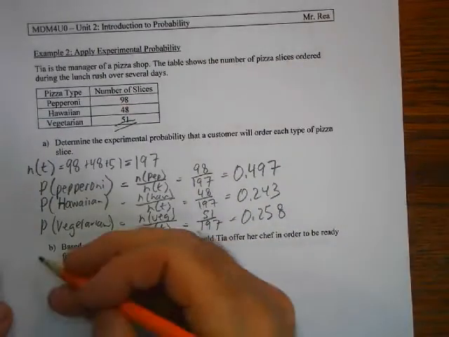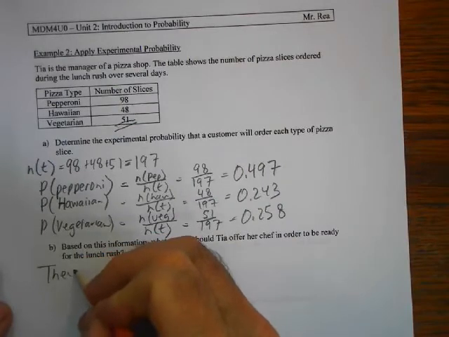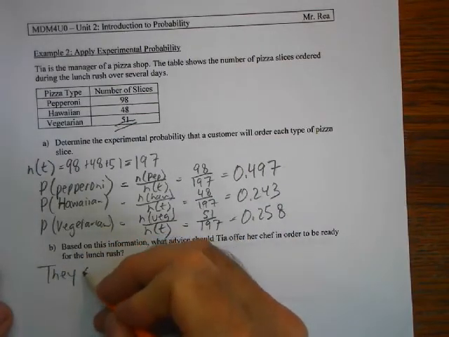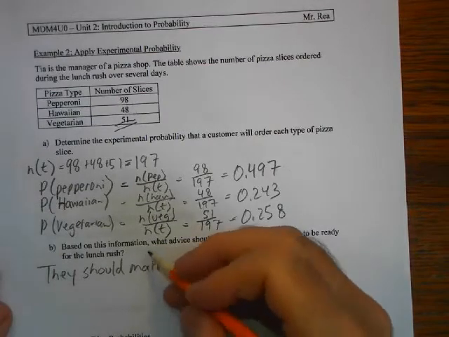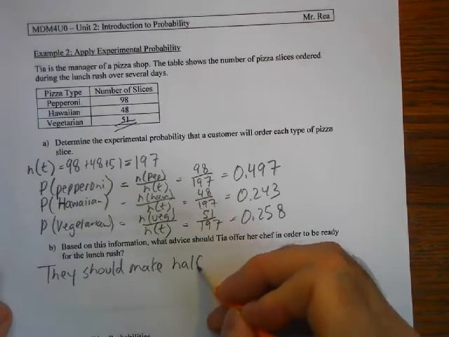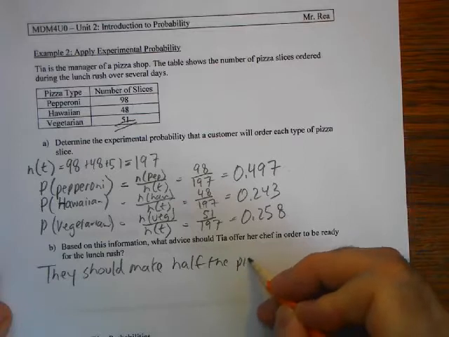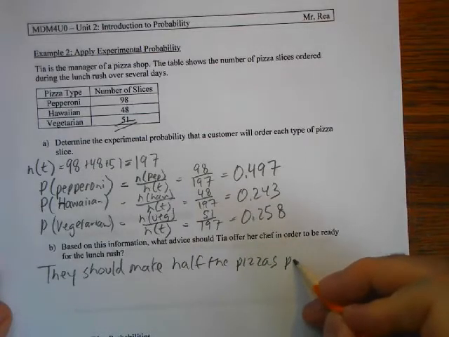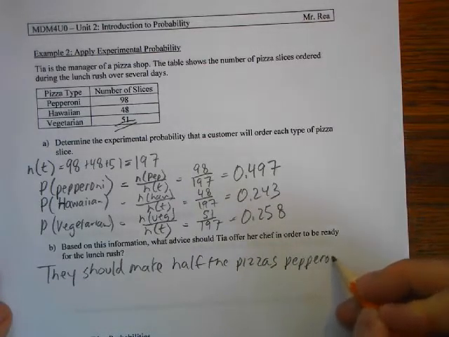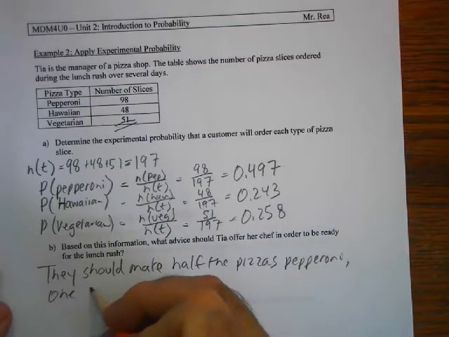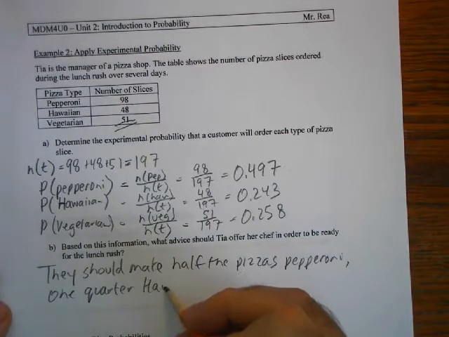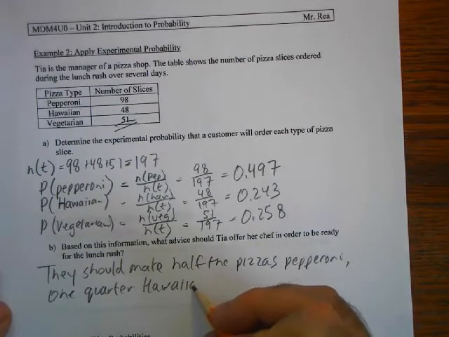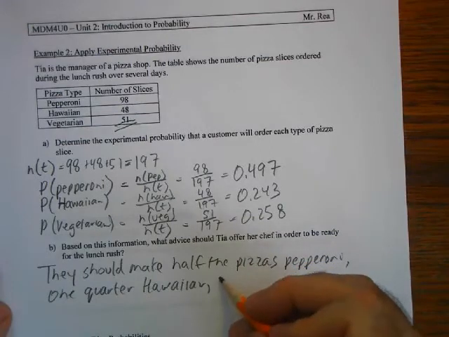So the advice that she should give is they should make half the pizzas pepperoni, 1/4 of them should be Hawaiian, and 1/4 vegetarian.